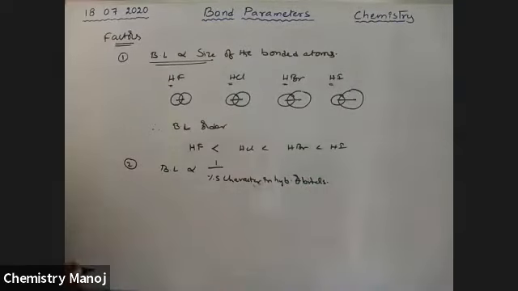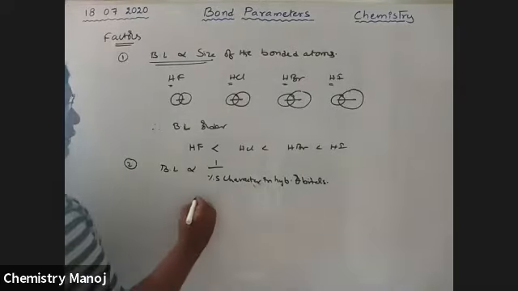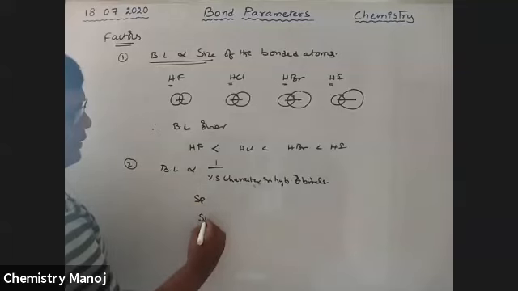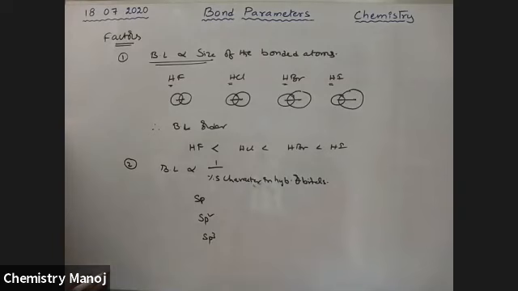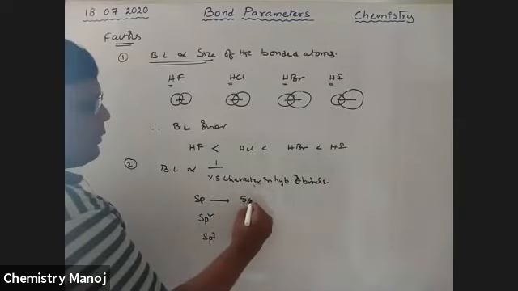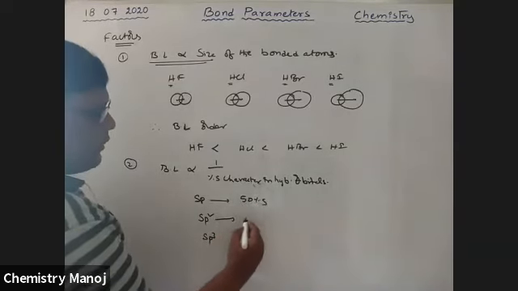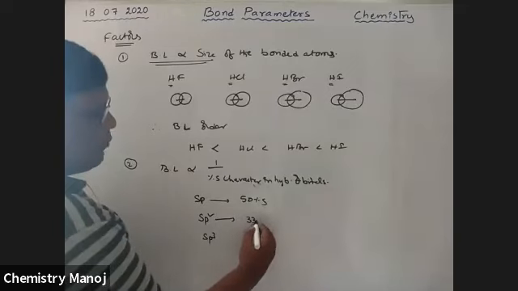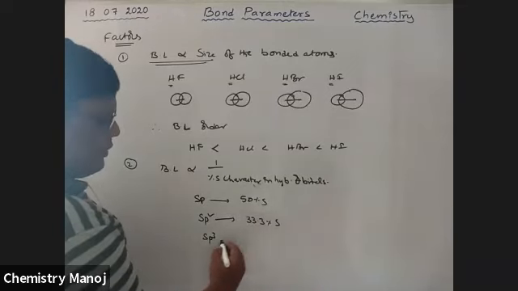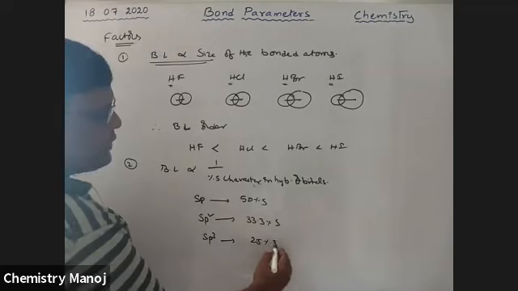As S percentage increases, bond length decreases. See boys, we have sp, sp2 and sp3 hybrid orbitals. In sp hybrid orbitals, 50% is the S character, in sp2 it is 33.3%, and in sp3 it is 25%.